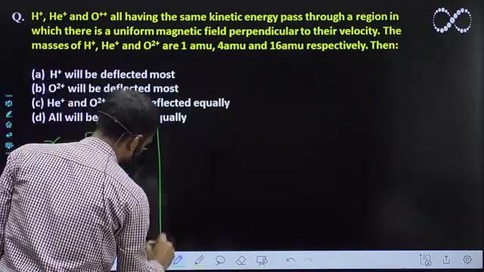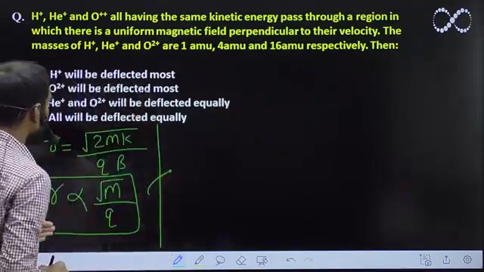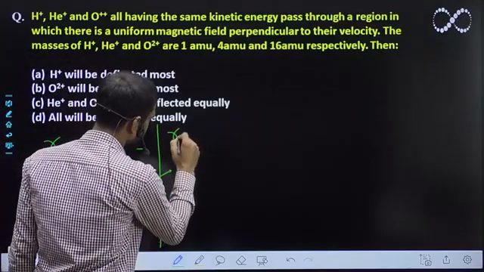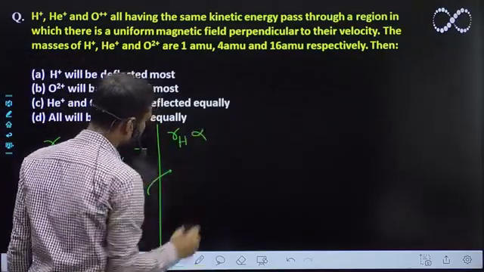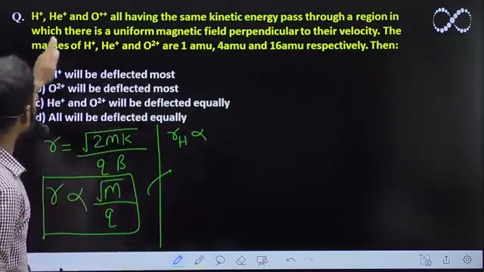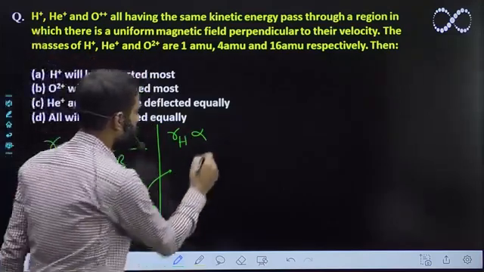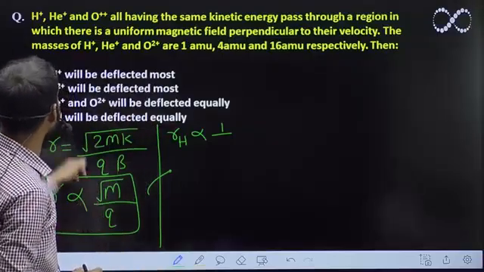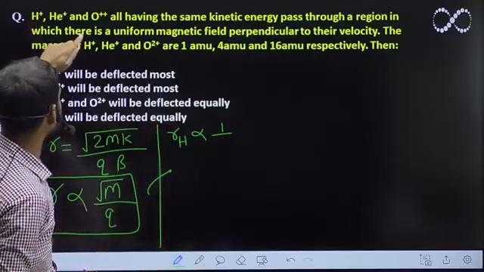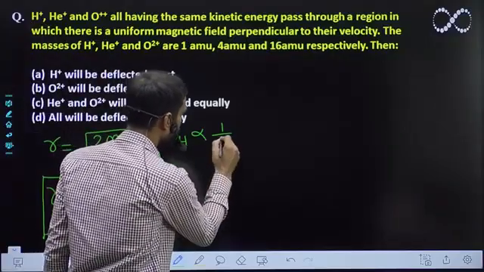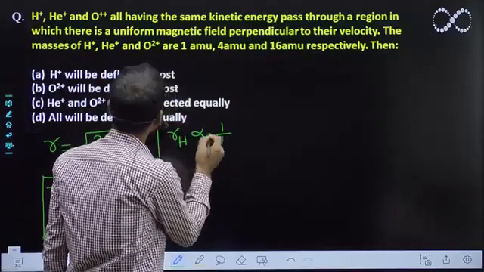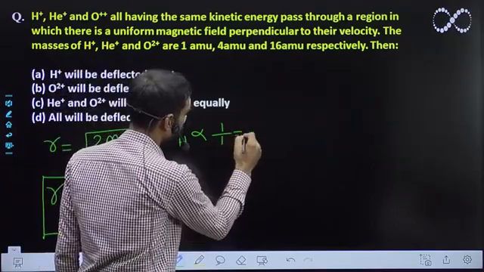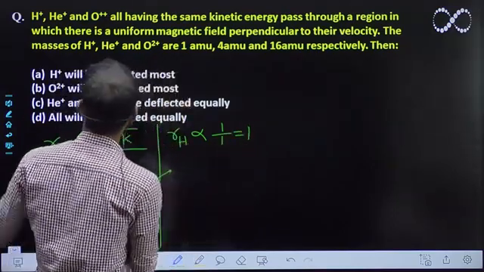Now let us talk about R of H. It will be directly proportional to the mass of H, which is given as 1, so I write 1 upon the charge of H, which is 1 unit, so 1. So this is directly proportional to 1. Now let us talk about helium.